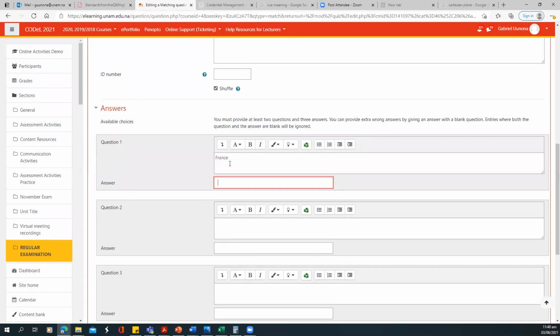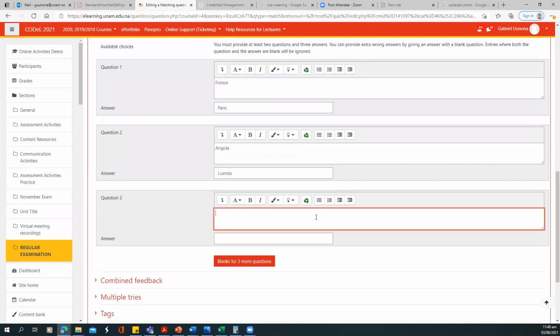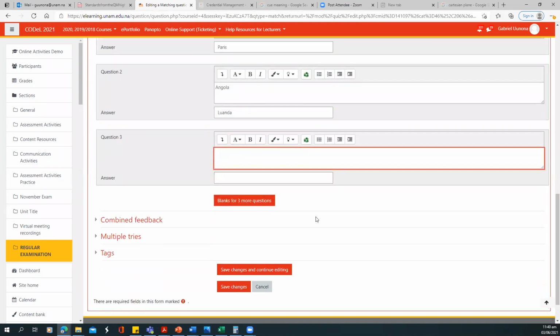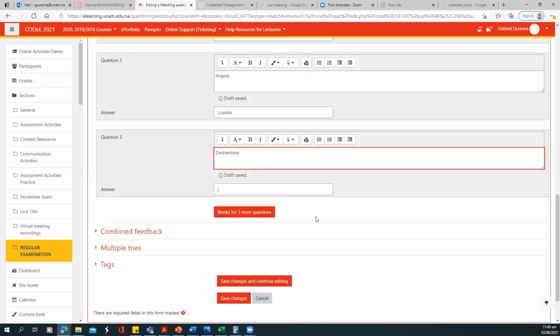So like number 2, let me just add more lines.